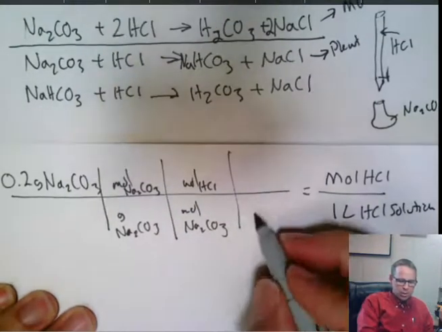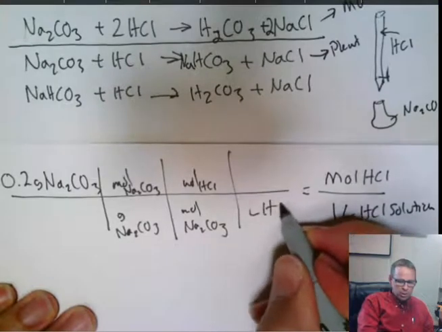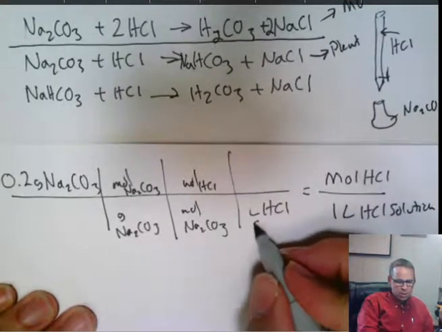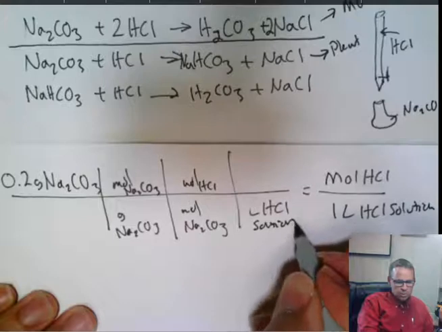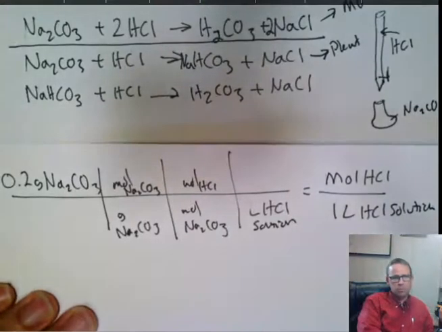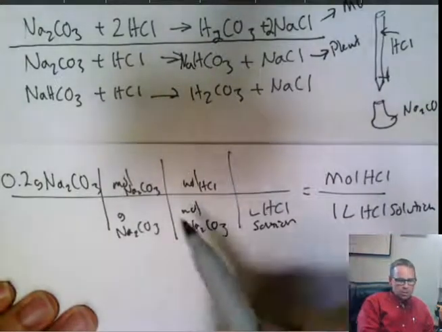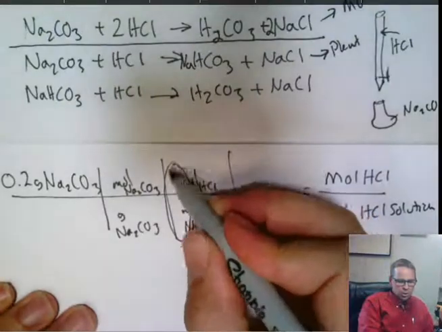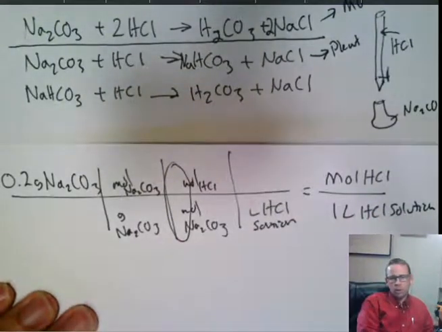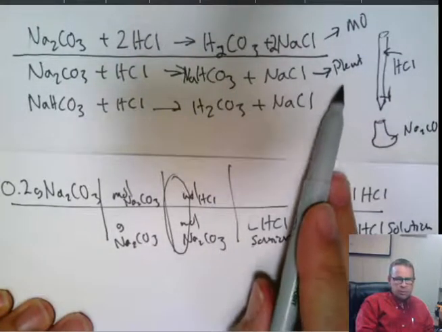And we can put our liters of HCl required to do the titration here, right? And then that gives us our units of molarity. And we said that the molar ratio here was either going to be 1 to 1 or 2 to 1, depending on whether we use the phenolphthalein.